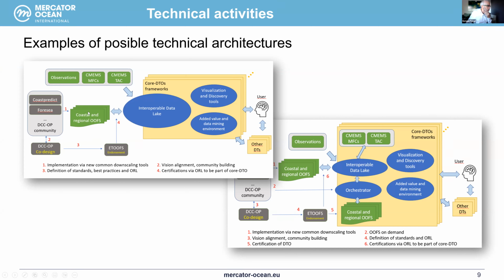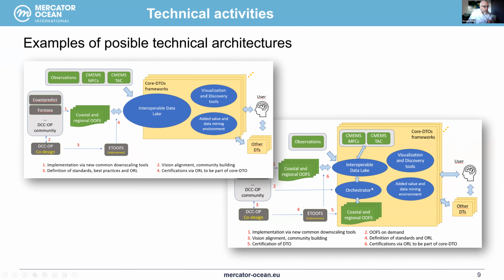And then you have the coastal systems, which, if they are of good enough quality, should be able to enter into the interoperable data lake and access all these tools of visualization and discovery. And to make sure that they are good enough, we have here ETUFs in a new role of an endorsement role, qualifying systems and checking that they have the standards to be able to join this family.